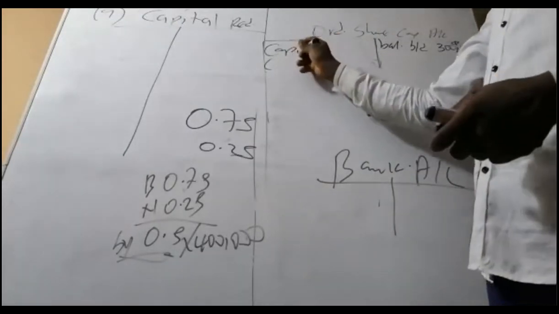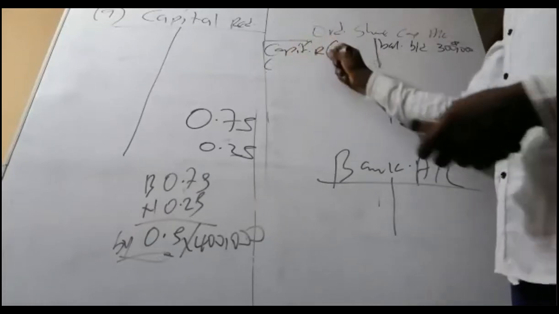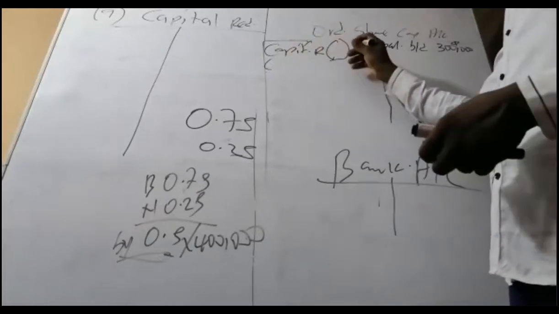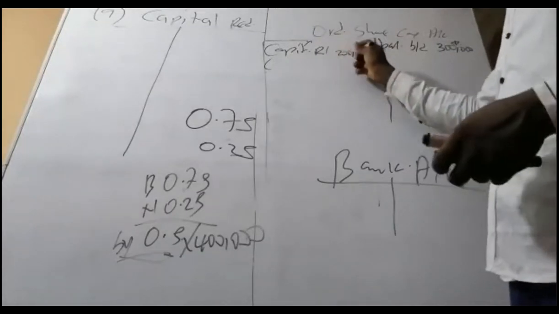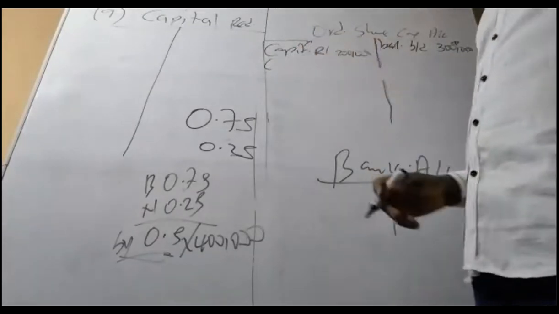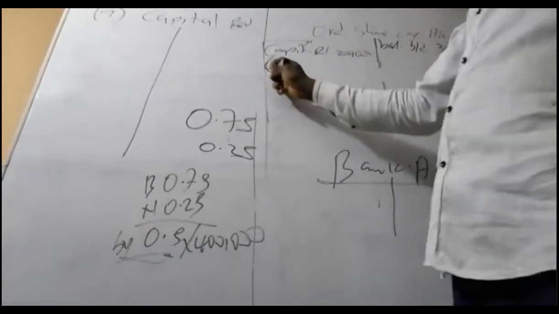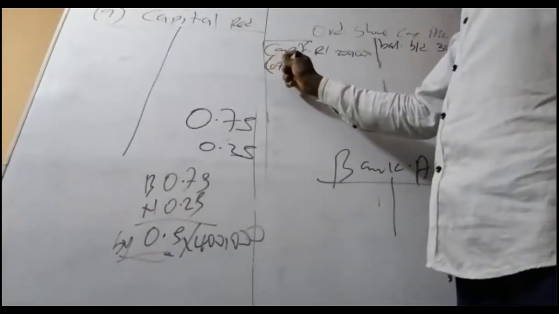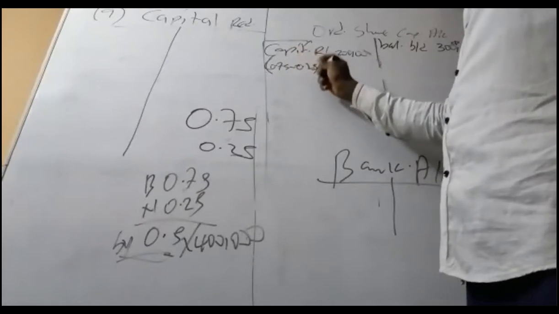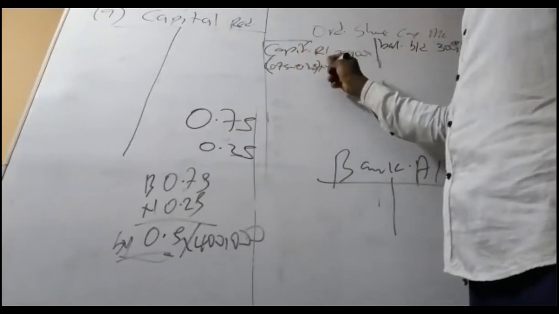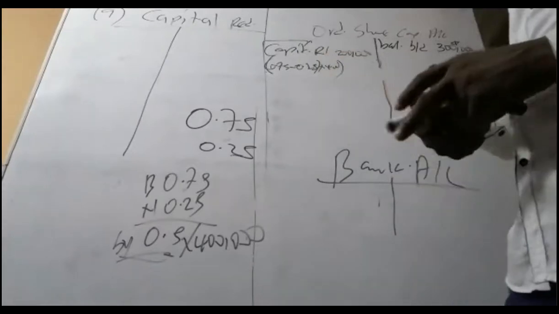So capital reduction, open a bracket like this: 0.75 minus 0.25 times 400.